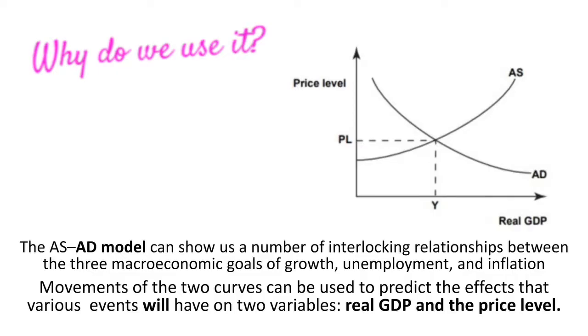You'll always have those 2 curves. AS will always look like that, and AD will always look like that. You'll always have the 2 curves intersecting. That middle point where they connect is the equilibrium. That's where PL is equal to Y. Y is output.